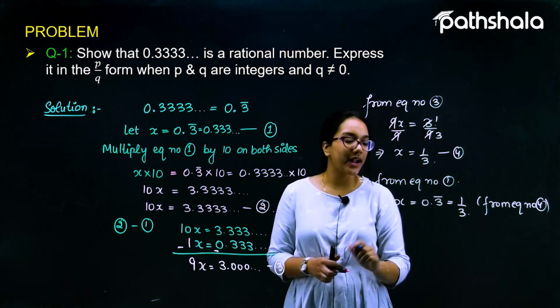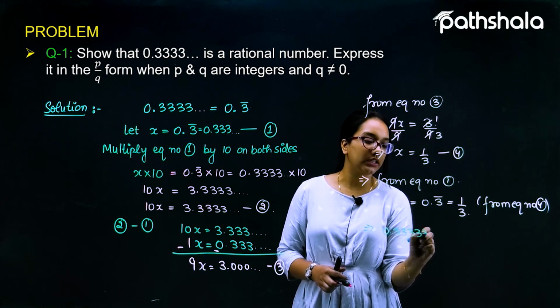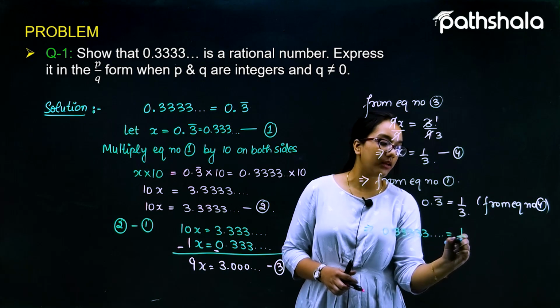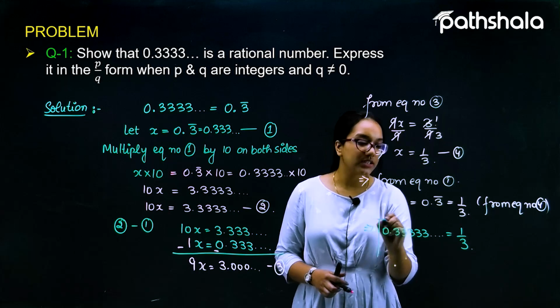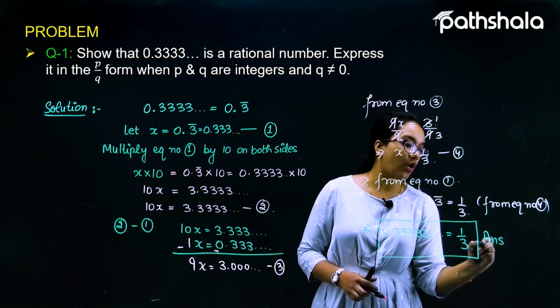So it means that the representation of 0.33333 is nothing but 1 by 3, which is our desired result.